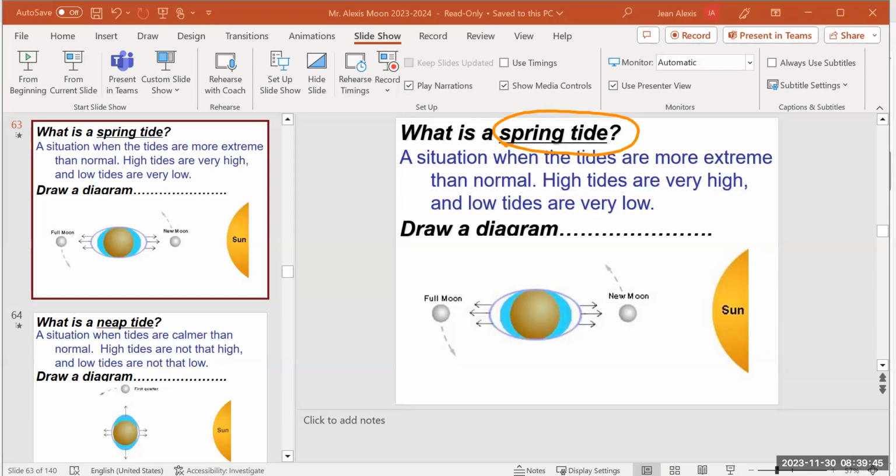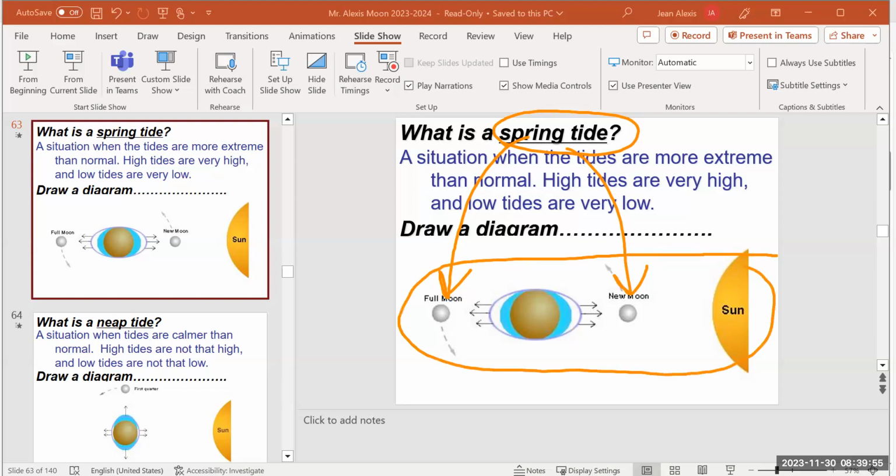And when do we get spring tides? We get it during a full moon and we get it during a new moon. So pretty much when the sun, the moon, and the earth are directly aligned, right? It's a direct horizontal line. All right, this is the earth. When it's a direct horizontal line between the sun, the moon, and the earth, that is when you get the highest high tides and the lowest low tides.